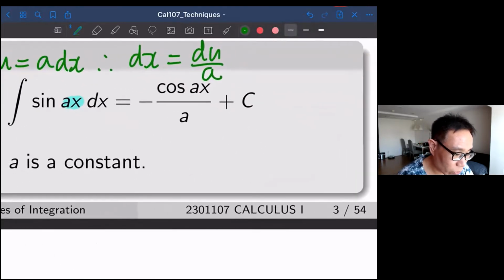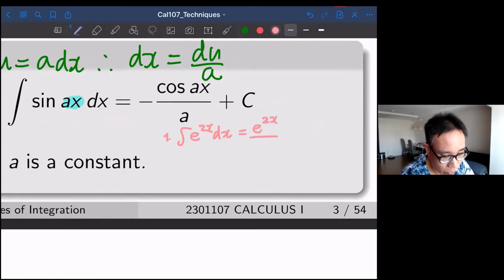So how could we use this? If we want to integrate e to the 2x dx, this will be just e to the 2x over 2 plus c. You just identify your a: a equals 2, and you plug into the formula.